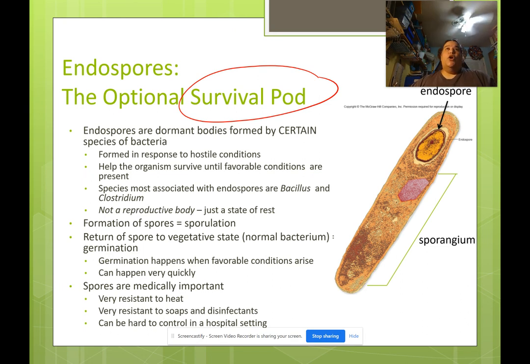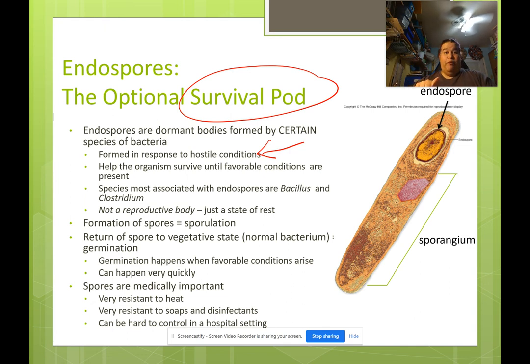What causes them to form? Hostile conditions. If a bacteria goes from being in a nice, warm, moist environment with plenty of food to all of a sudden an arid, like hot, dry environment and there's no food in sight, it will switch gears and go into endospore formation. Okay.